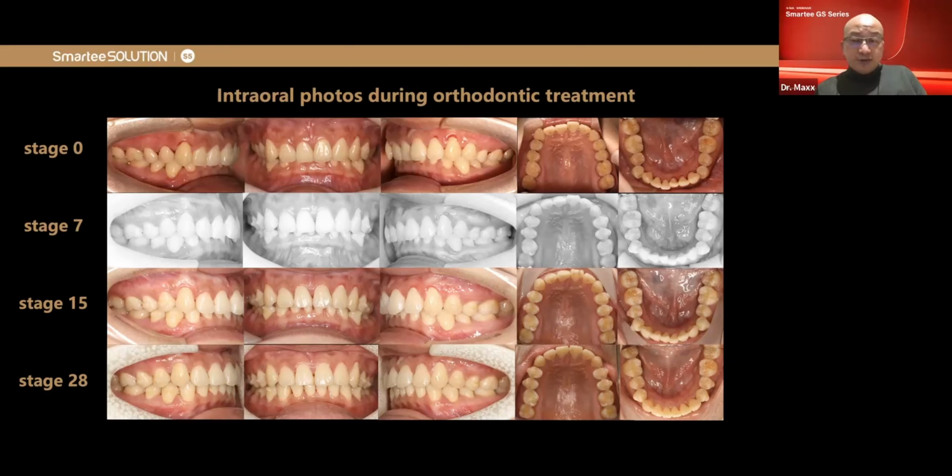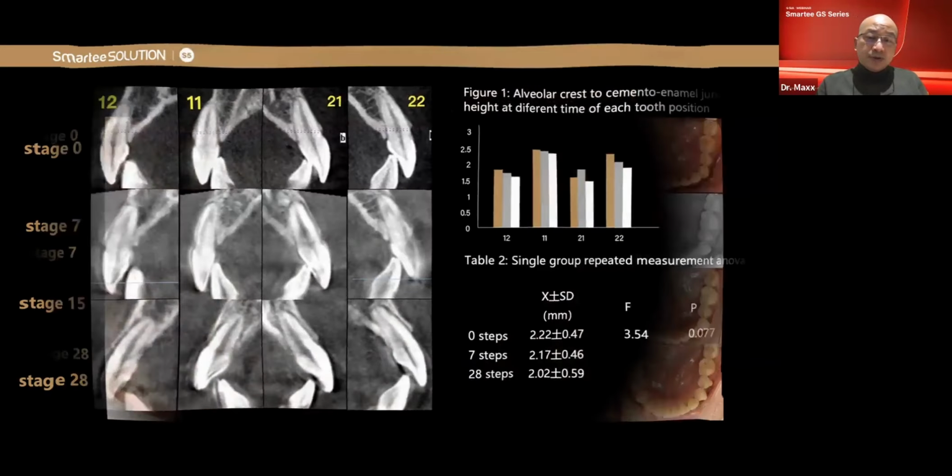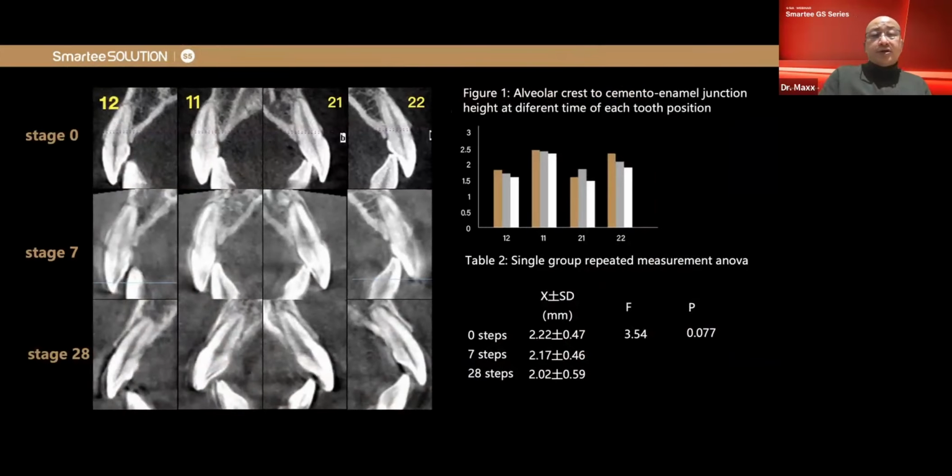But is it really quite good? What about the relationship between the bone and the root? So we need to take a CT scan to examine it. That's the CT scan we took at the very first beginning, at stage 7, and at stage 28. There are 4 upper anteriors.